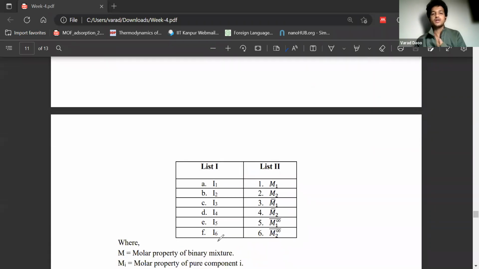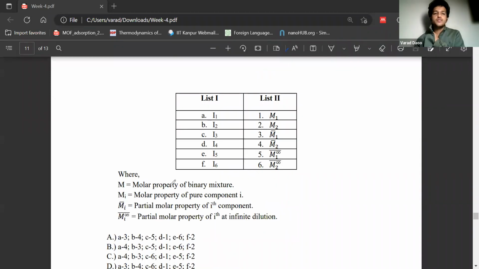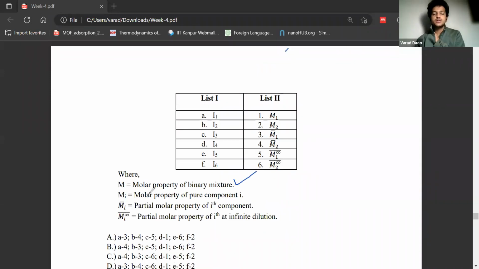What are the values of I1, I2, I3, I4? M is the molar property of the binary mixture. Mi is the molar property of the pure component i. Mi bar is the partial molar property of component i in a mixture. And M1 bar infinity is the partial molar property of the ith component at infinite dilution.